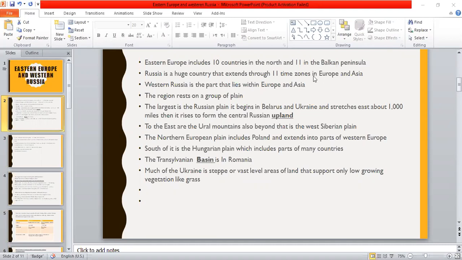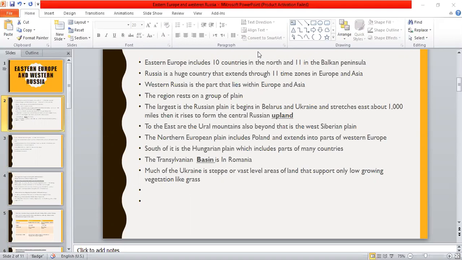So there is a question here. What helped to lead, or it actually is called, Balkanization. What helped to lead the Balkanization of the Balkan Peninsula? What is the reason behind Balkanization? Because of the physical feature, the physical nature of this region, this has helped the Balkanization.